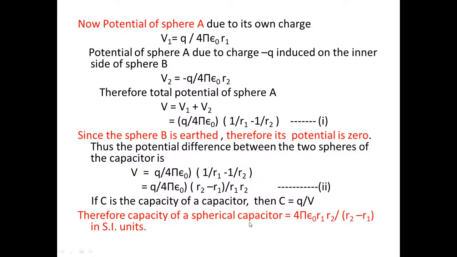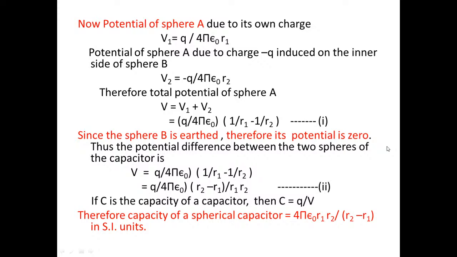So potential difference between the two spheres of the capacitor is Q upon 4 pi epsilon naught into 1 upon R1 minus 1 upon R2, or it is equal to Q upon 4 pi epsilon naught into R2 minus R1 over R1 R2.